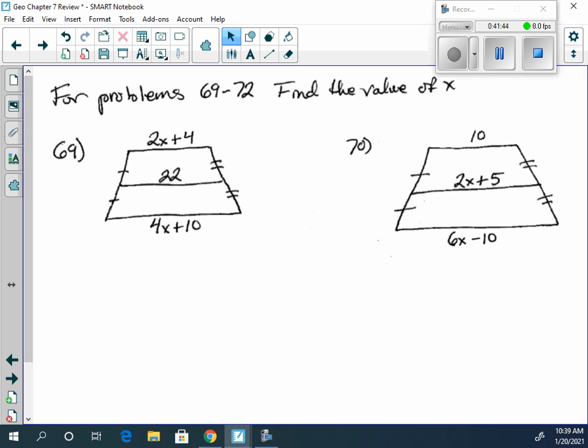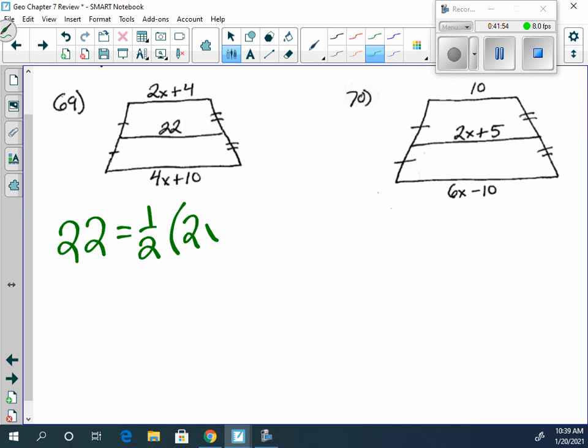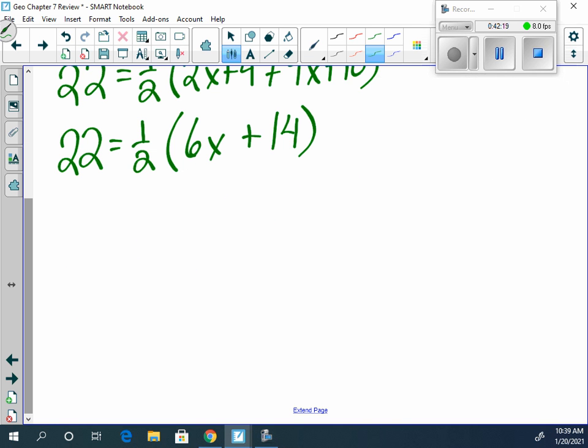Now, something like 69, this isn't any different than what we're doing here. It would just be that we have 22 is equal to 1/2 of 2x plus 4 plus 4x plus 10. We would use the same formula and the same setup to solve this. We can combine like terms. 2x plus 4x is 6x. 4 plus 10 is 14.